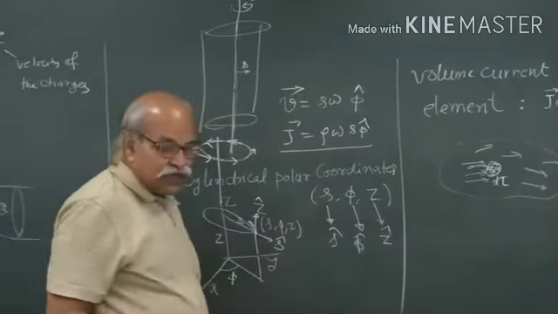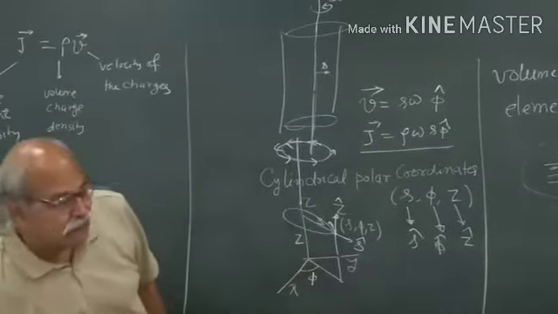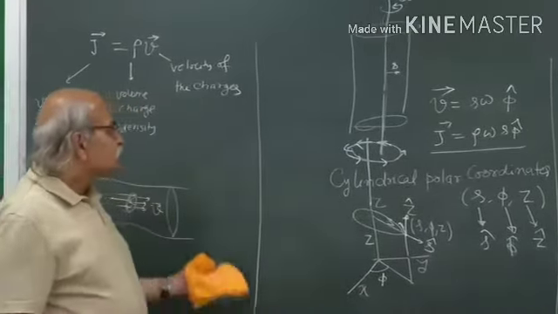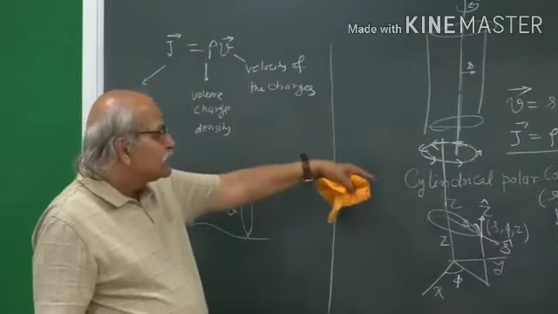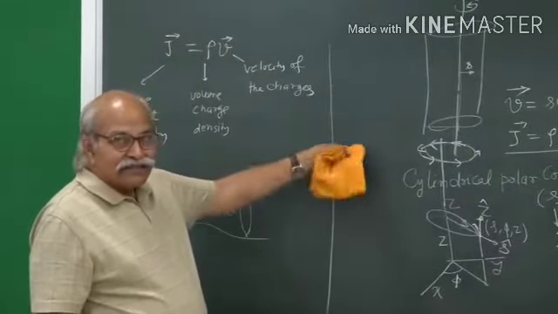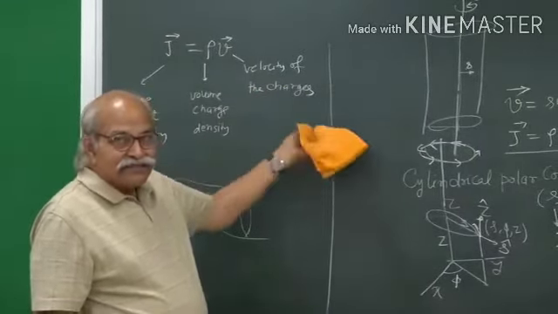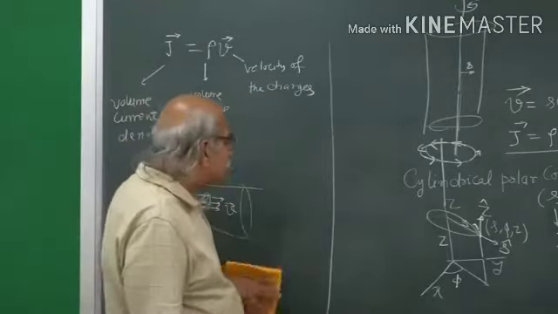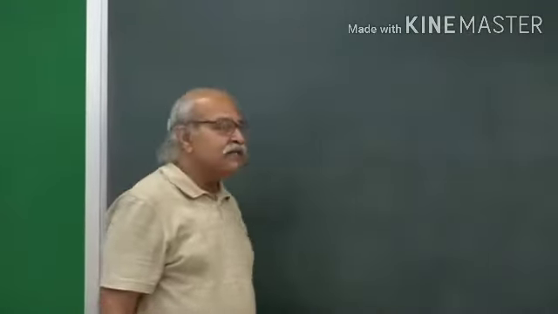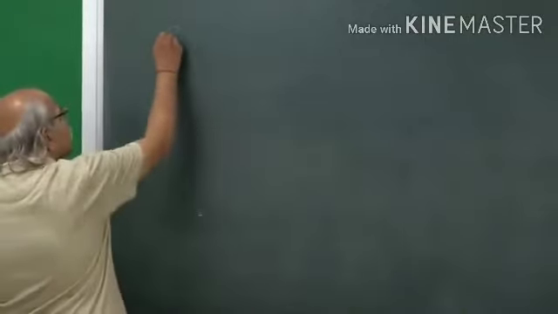Another concept which I would like to introduce a little bit is this: we are using volume current element, volume current density. We can also have current only on the surface of a material, only on a surface, and correspondingly we define surface current.